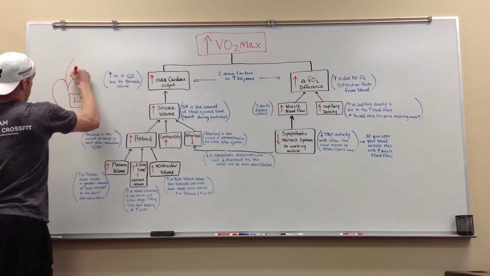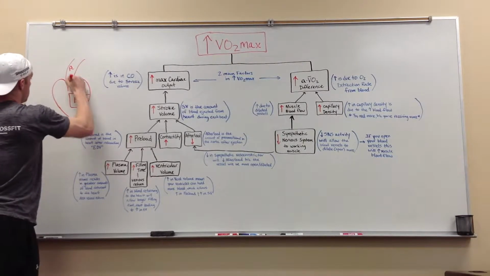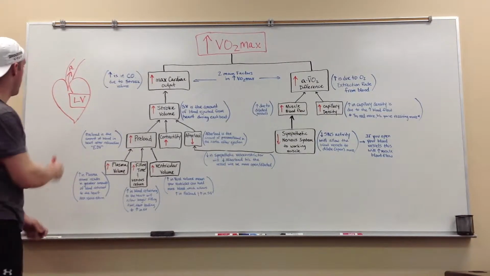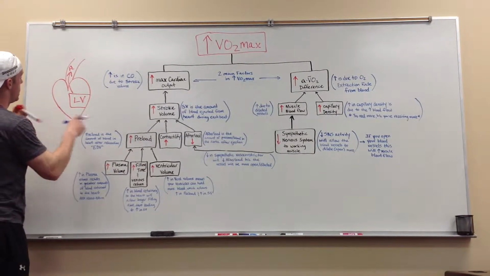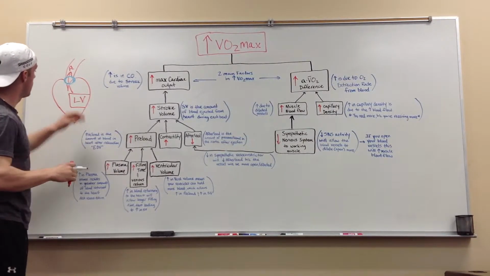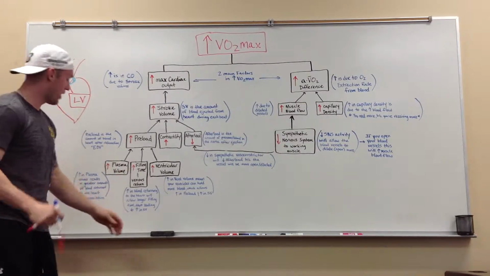So right here would be our aorta, okay? So the blood ejected will go through the body and come back around. The amount of blood or pressure that sits right here is called your afterload. So you can look at it as the amount of blood or the pressure, okay?